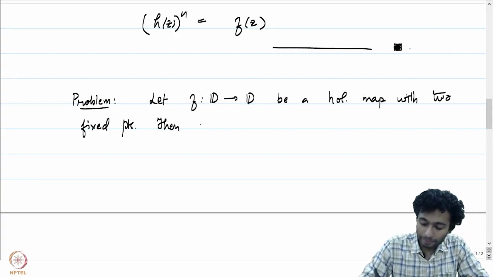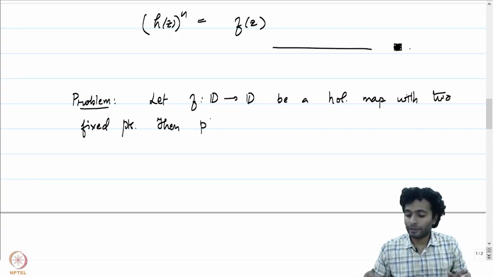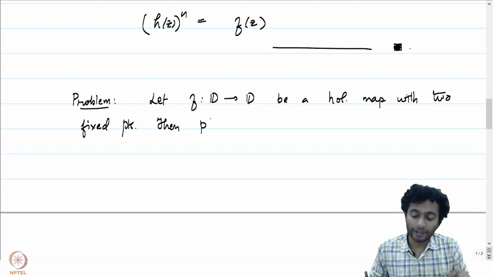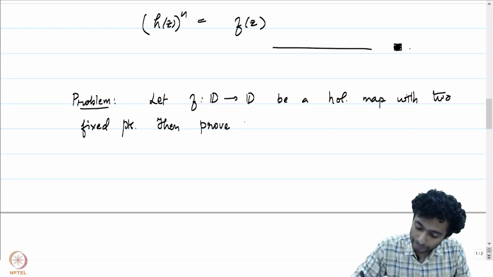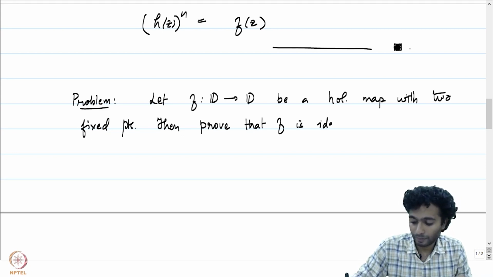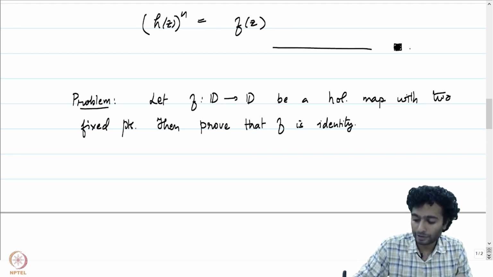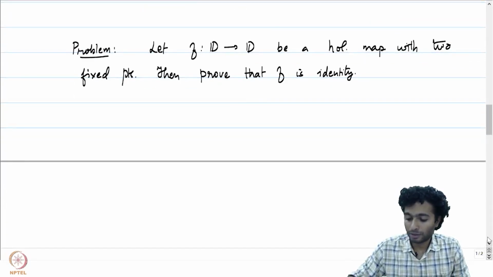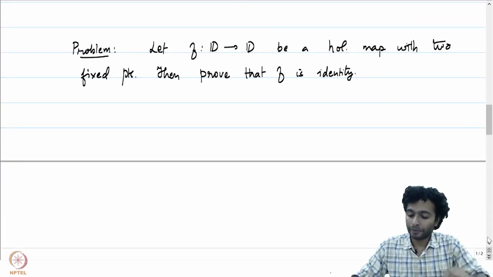Then prove that f is necessarily the identity map. There cannot be two fixed points. That's precisely what is trying to be conveyed here.